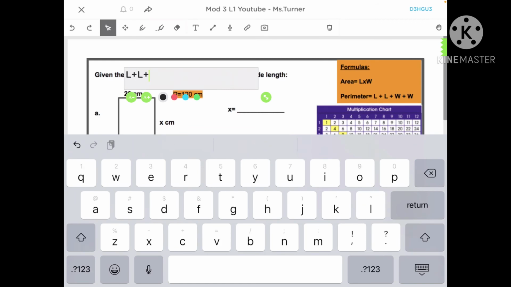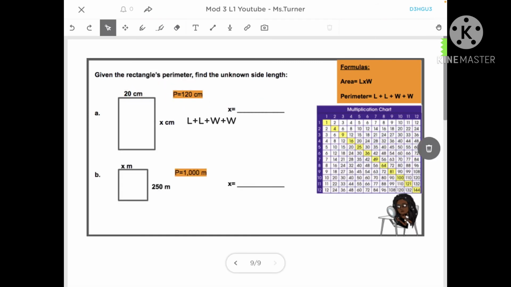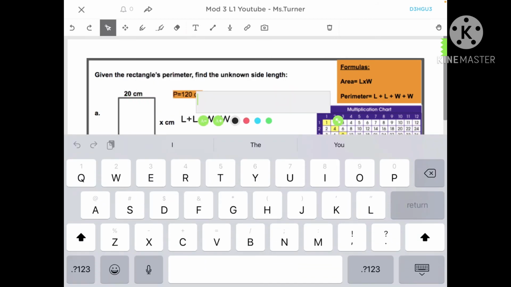Length plus width plus width. And as a reminder, I do not know my width, but I do know my length. What's my length? Yeah, 20.